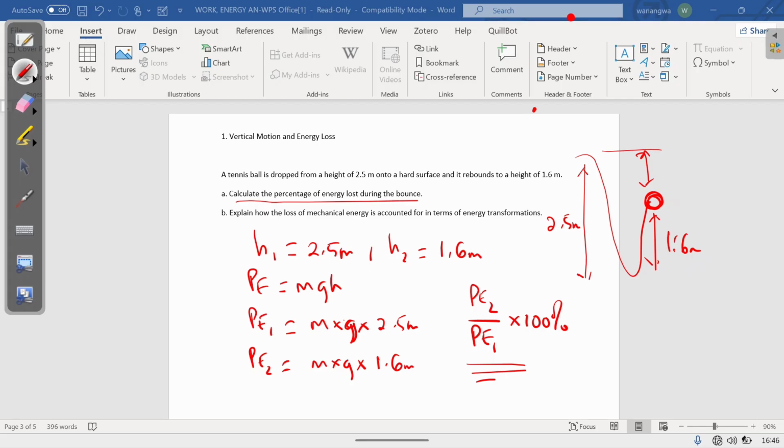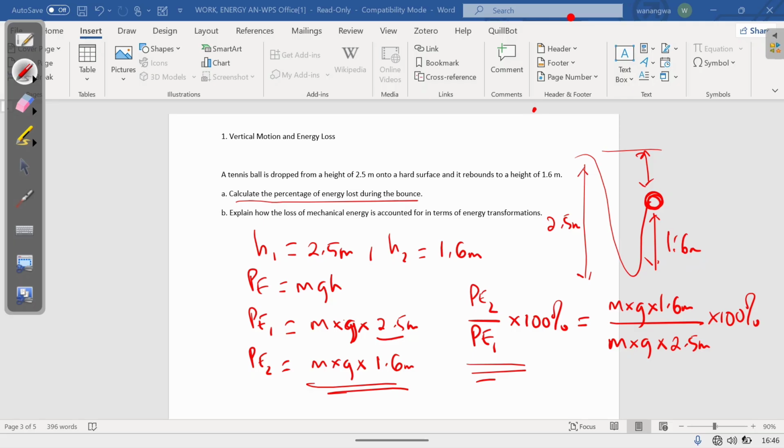Now from there, we're going to do m times g, that's potential energy 2, this is the expression, times 1.6 meters, divide by m times g, this one, times 2.5 meters, this multiplied by 100%.